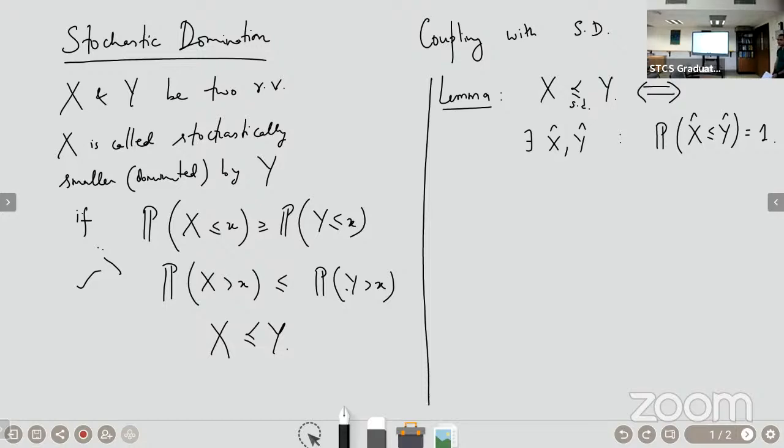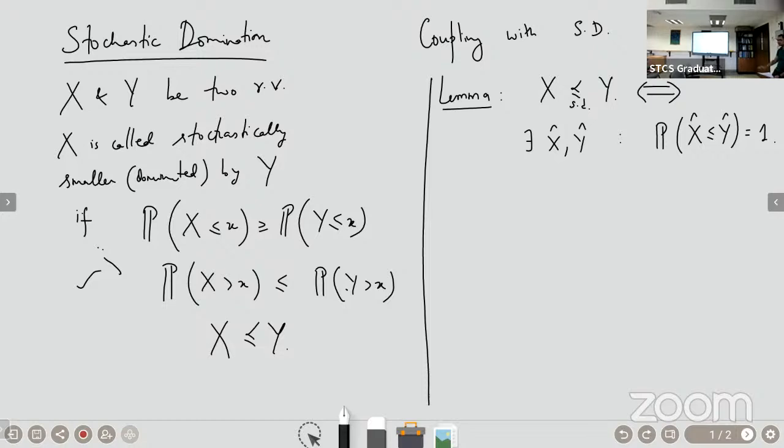Okay, so which direction is easy? One direction I claim is easy. Think about it, which one is easy? Suppose there exist x hat and y hat such that the probability of x hat less than or equal to y hat is 1. Can you show that x is stochastically dominated by y?